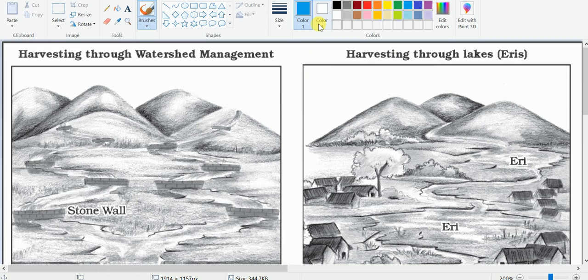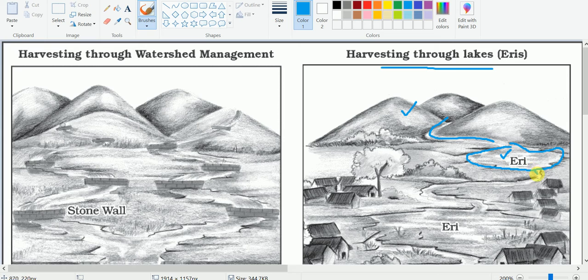Another one is harvesting through lakes or eries. Just see here, we have the watershed, and the stream is flowing down here, and we are digging these small lakes here. Small artificial lakes across the river, and this small lake is known as Eri, and it is used to store the rainwater.